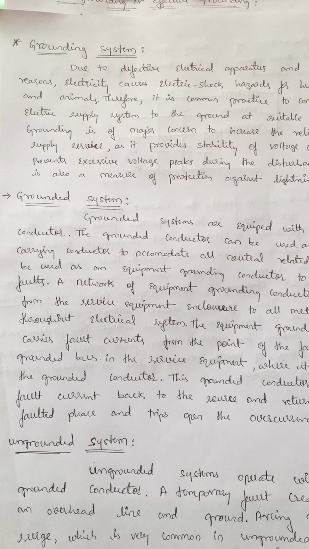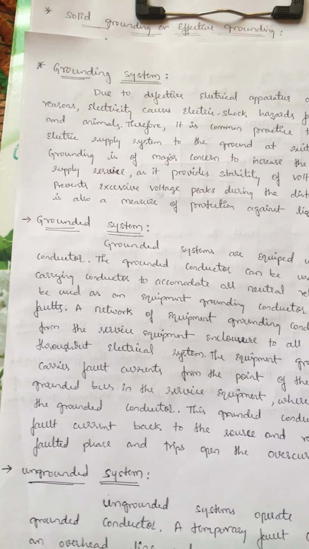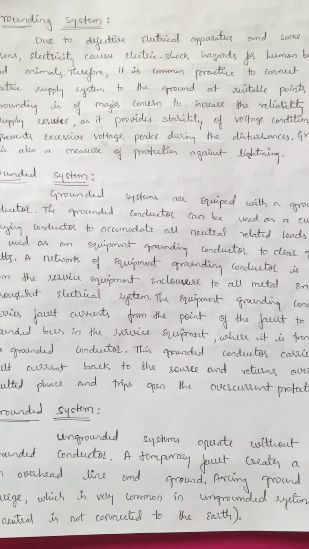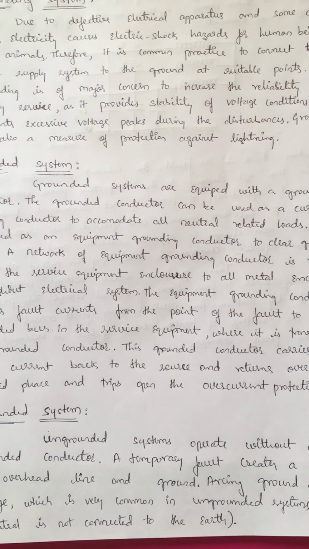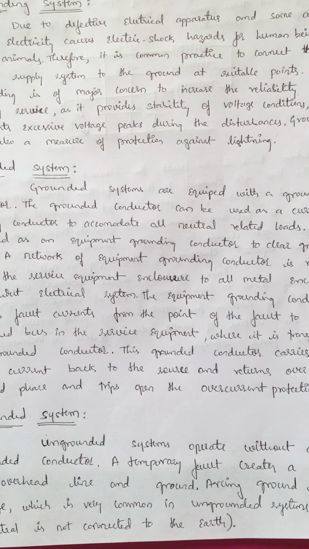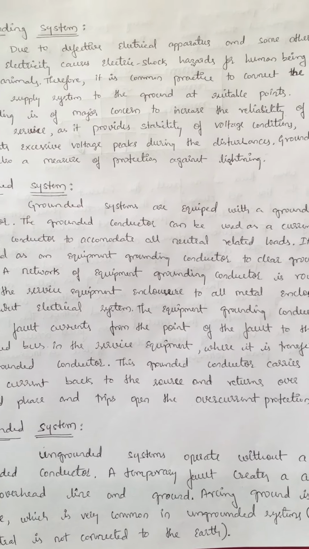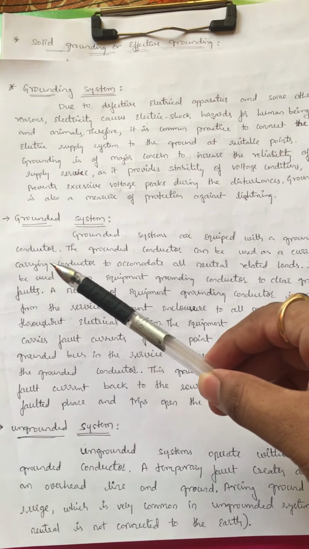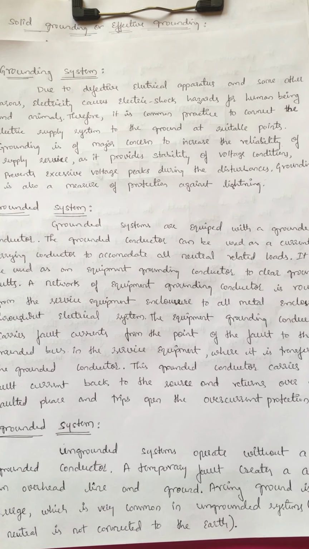Let us look into what you mean by grounded system. A grounded system is one in which at least one conductor or point is intentionally grounded, which means a grounded system is one which will be equipped with a grounded conductor, with one grounding point.